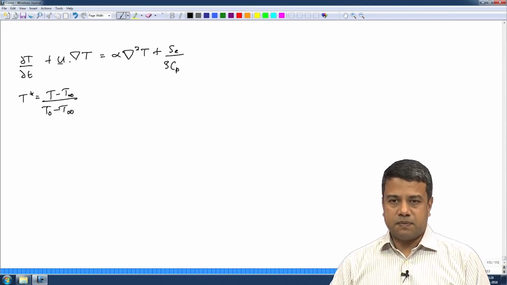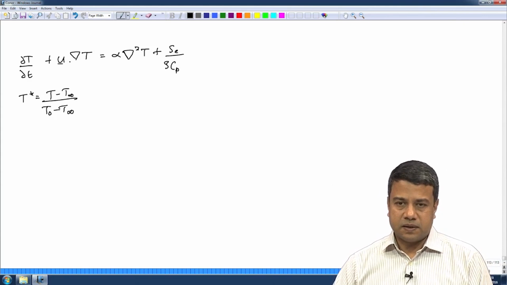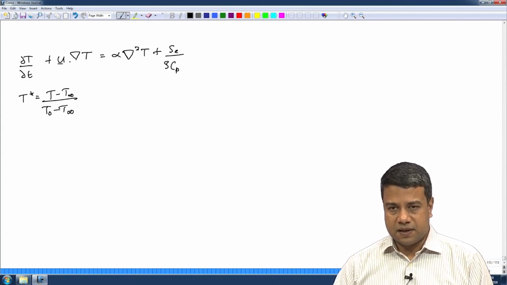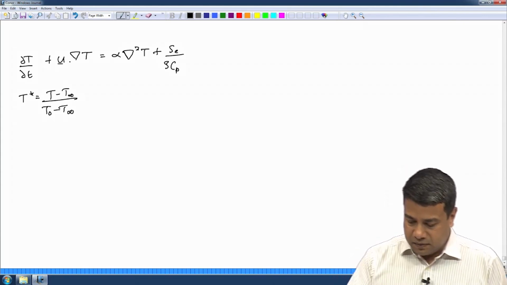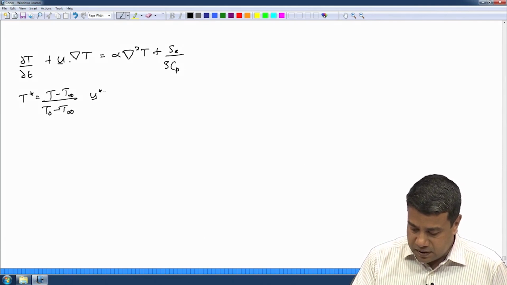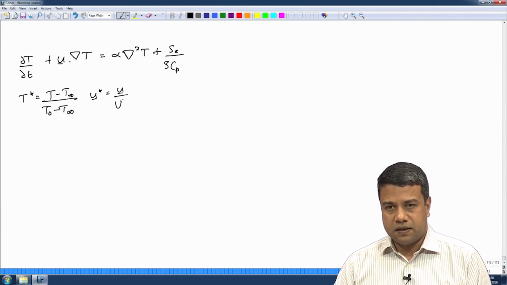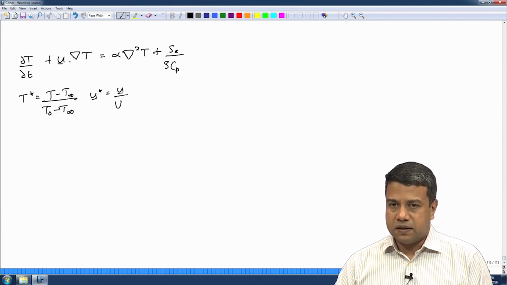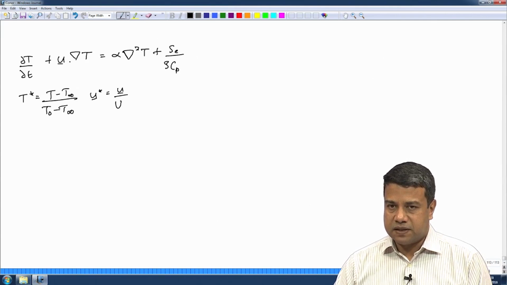Here T infinity is typically a temperature that is far from the object and T naught is the temperature at a surface. And we had scaled the velocity, u star is equal to u divided by the characteristic velocity, the average velocity in a pipe or the free stream velocity for the flow around a particle.